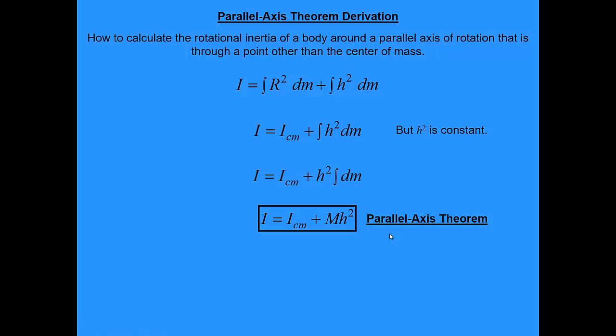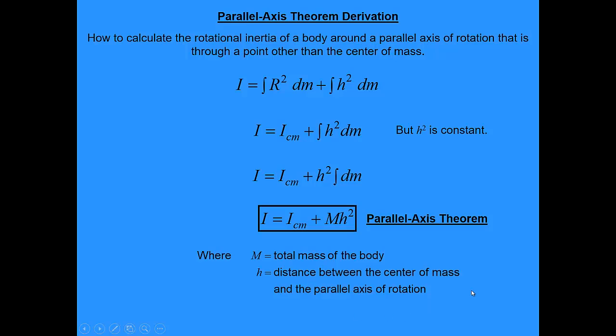And there we've done it. We have theoretically derived the parallel axis theorem, which again says that the rotational inertia about any parallel axis is equal to the rotational inertia about the center of mass plus the mass of the object times h squared, where h is the distance from the center of mass to the new parallel axis. Right?